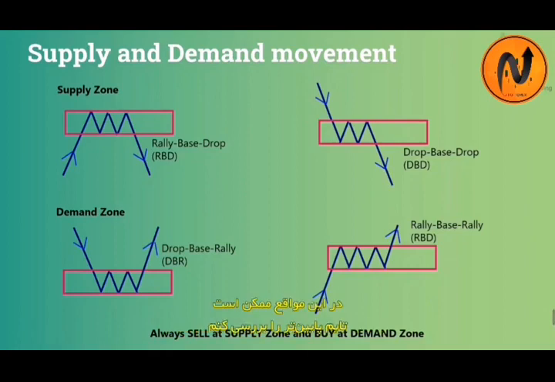Then from there, I'll look at a lower time frame, looking out for a supply zone or demand zone that will push the price higher or lower. So I'll place my order there. I have a more defined entry. I know where I should be going in.